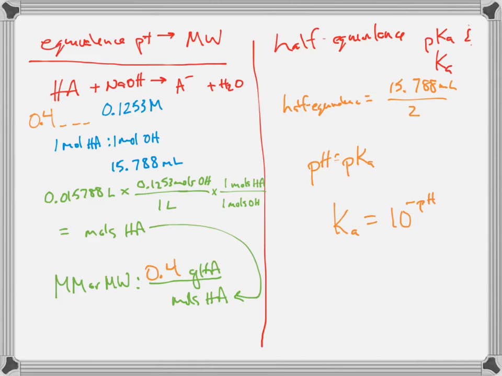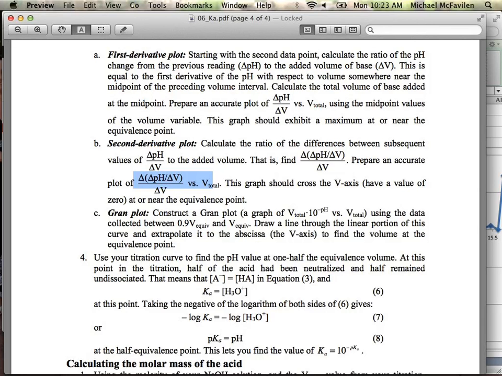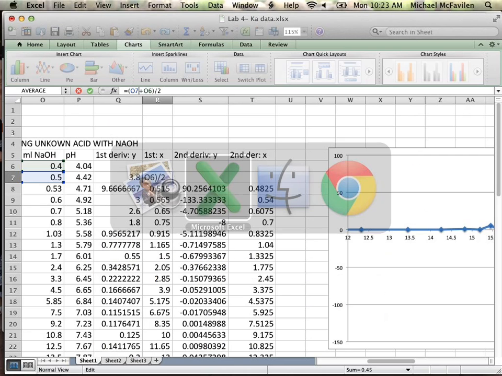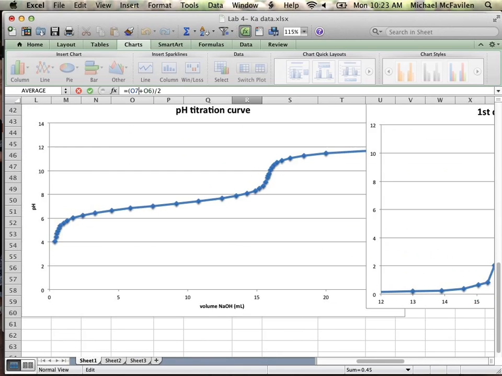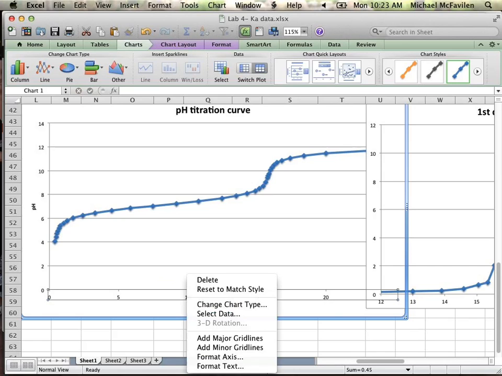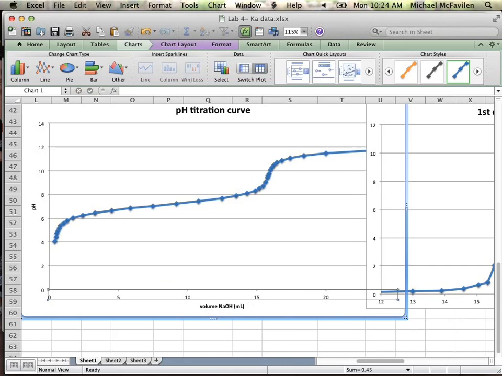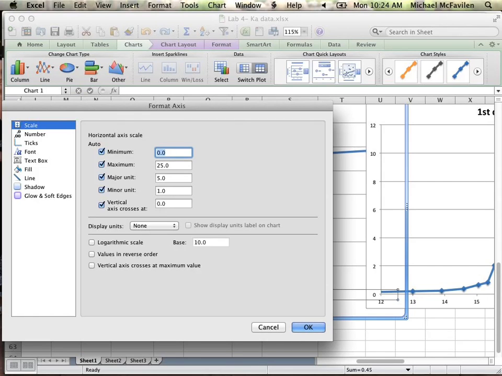Okay? So the last piece of information I want to end with is getting that pH pKa value. What we'll do is go back to the Excel file, and I'm going to scroll down to our pH titration curve, and we're going to again change some axes. What did we say was the... We didn't calculate the half equivalence.